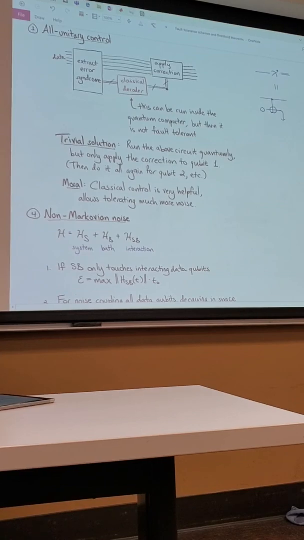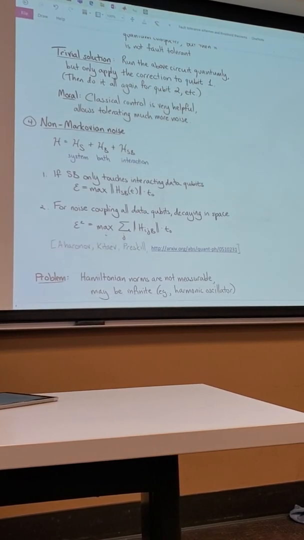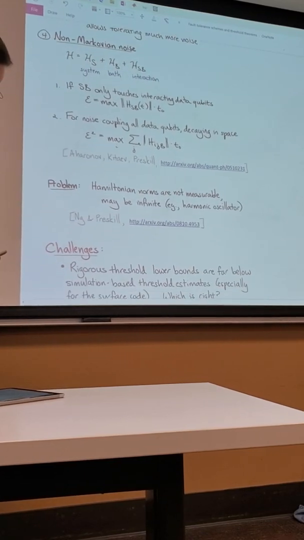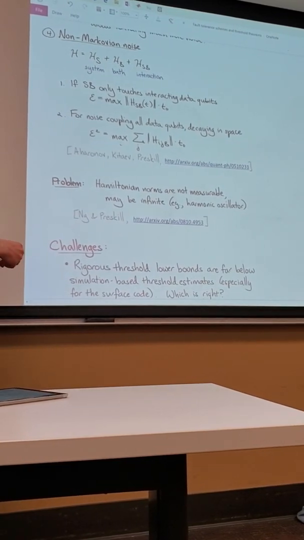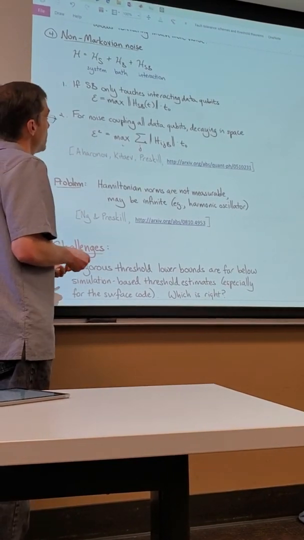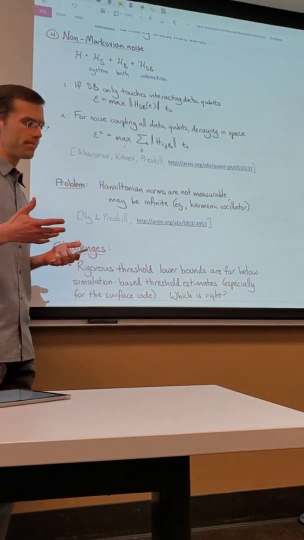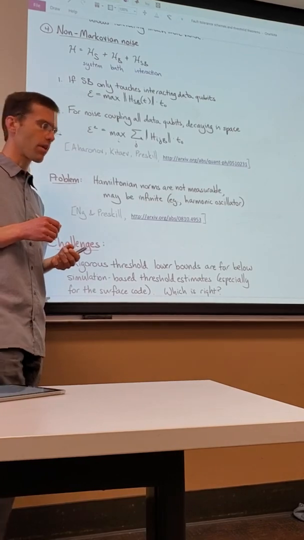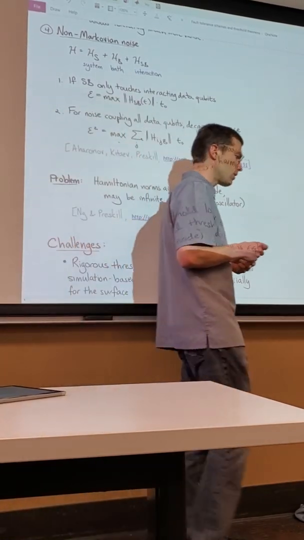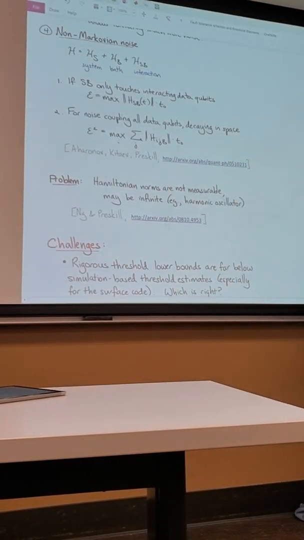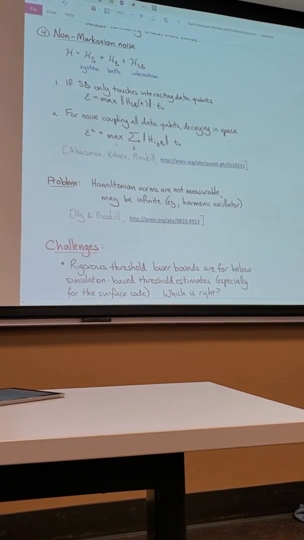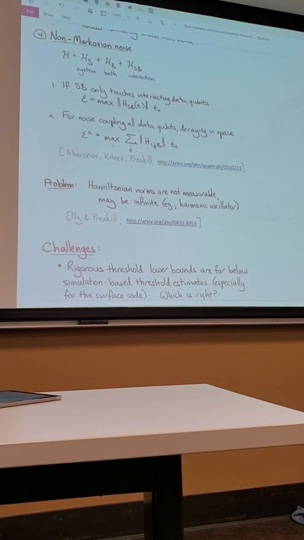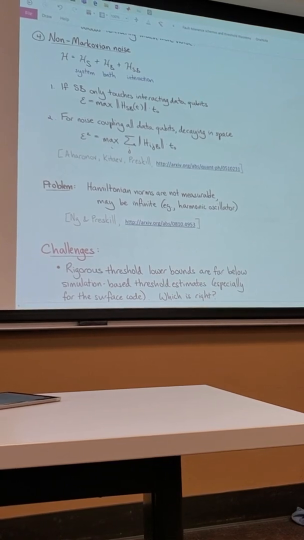Yeah, that's right. Non-Markovian noise. Okay, so we haven't talked very much about this, but in general, we've talked about very simple noise channels like Pauli noise or depolarizing noise. We've also talked about Kraus operators, like general quantum channels, that kind of thing.